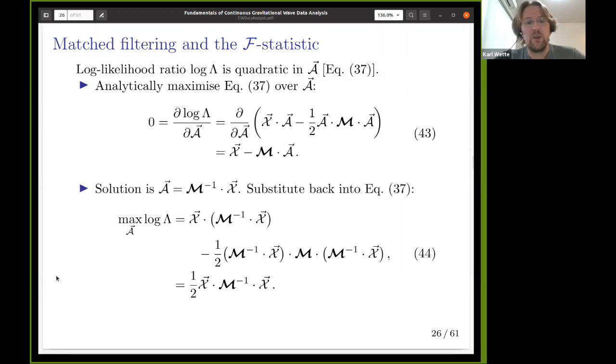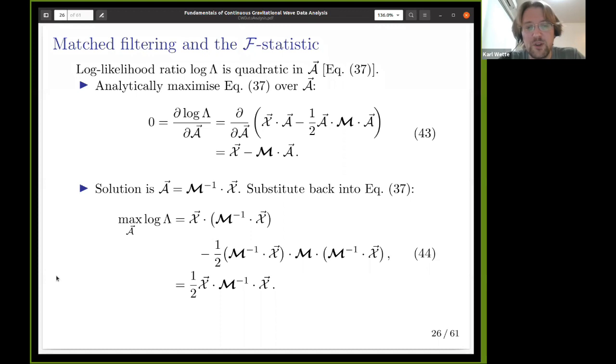So now that we have that, as I've noted before, the log likelihood ratio is a quadratic in these A amplitudes. As you can see in equation 43, it's x dot A minus half A dot M dot A. So we now have to maximize a quadratic. That's pretty easy. We just take the derivatives of the log likelihood with respect to the A parameters and set that to zero.